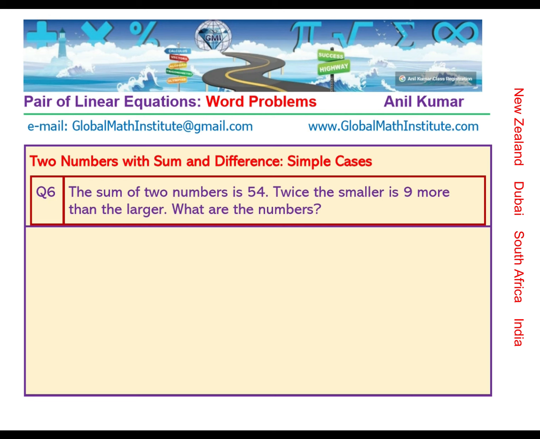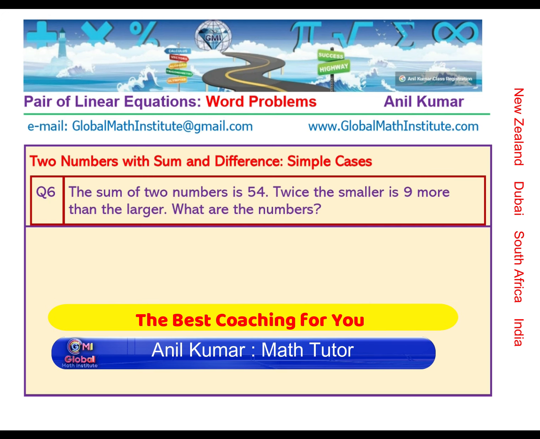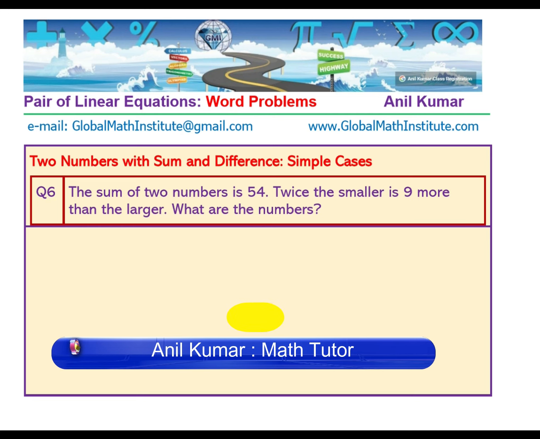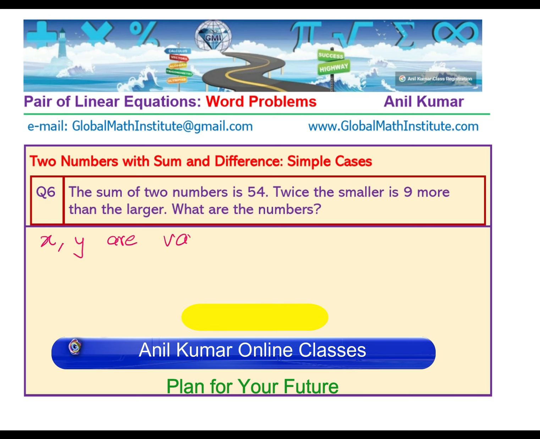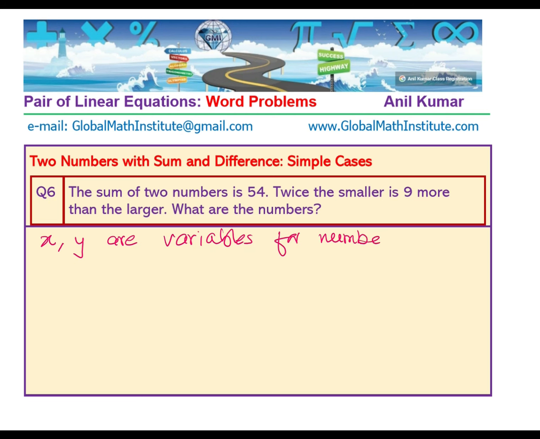It says, the sum of two numbers is 54. Twice the smaller number is 9 more than the larger. Find the numbers. So again, our variables are x and y for the numbers, correct? So different kinds of let statements you can always write.